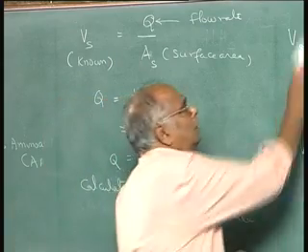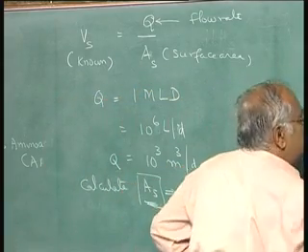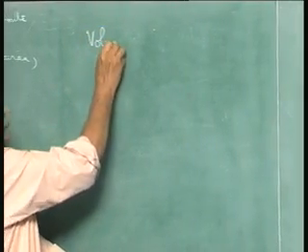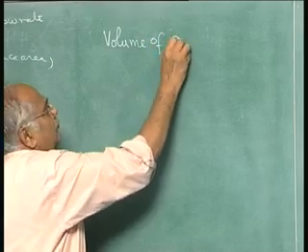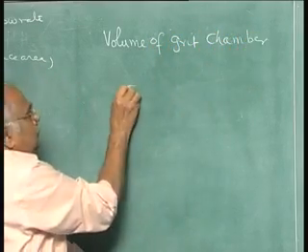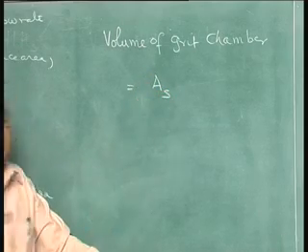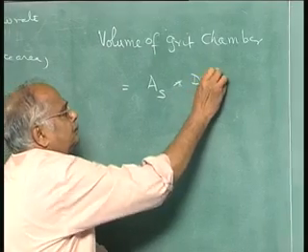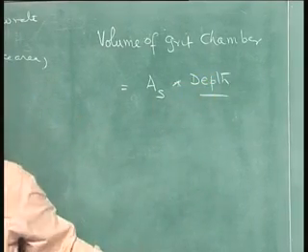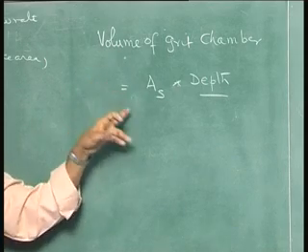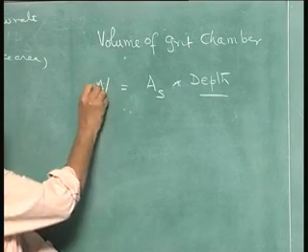So once I get the surface area, multiplied by the depth, the volume of the grit chamber is surface area of the grit chamber As multiplied by the depth. The depth is given to us, so I can calculate the volume of the grit chamber, that is V.